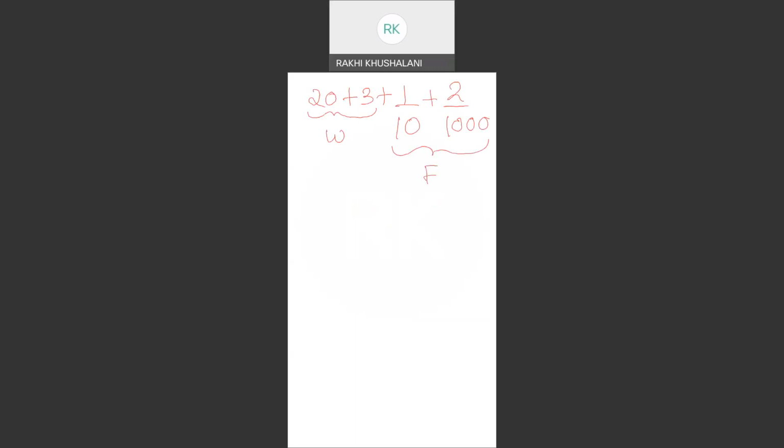Yes, these are tens and this is thousands. Right? So 20 plus 3 is 23. This counts as a decimal. This is 1 and this is 0. Because 1 by 100, because the 100th value is missing.